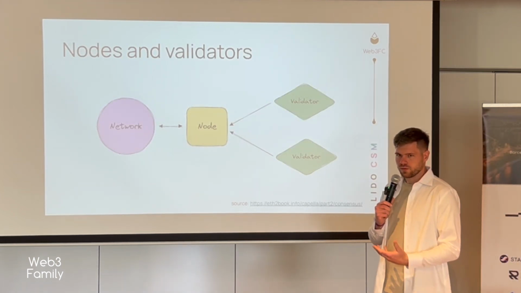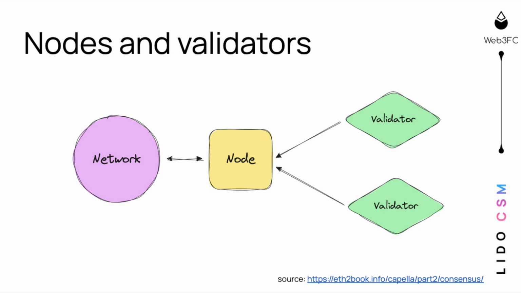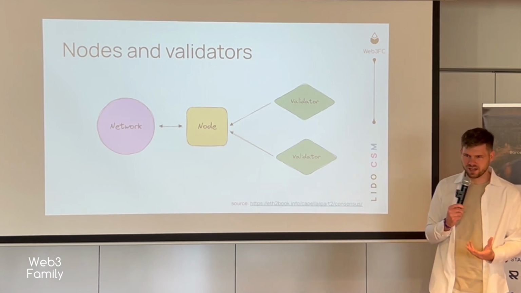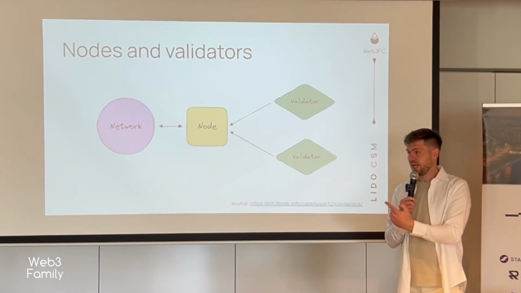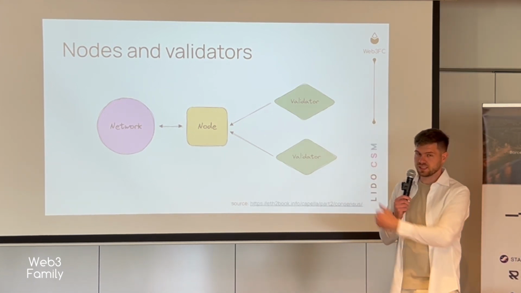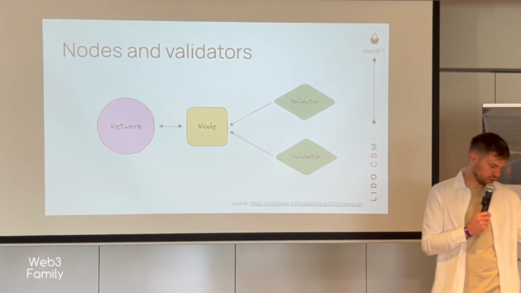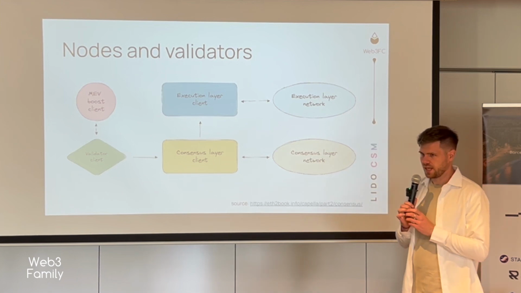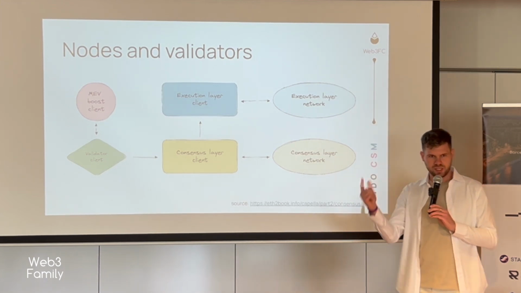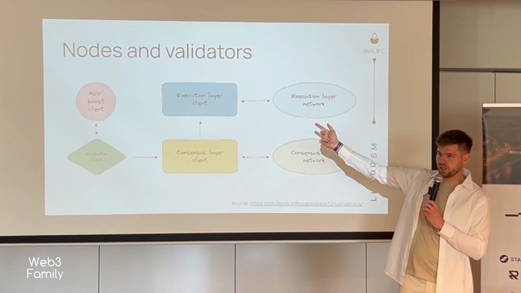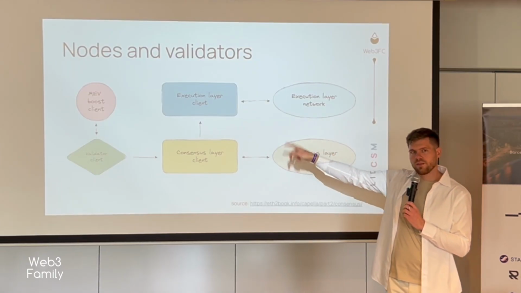Now let's talk about the typical setup of an Ethereum validator. Ethereum validator as software is not a self-sufficient thing, it's more of a sidecar for the Ethereum node. You can connect as many validators as you want to a single node, and the node itself will be responsible for interacting with the rest of the network. If we take a closer look, you remember two layers, execution and consensus. So actually you need two clients or two nodes, an execution layer node and a consensus layer node.